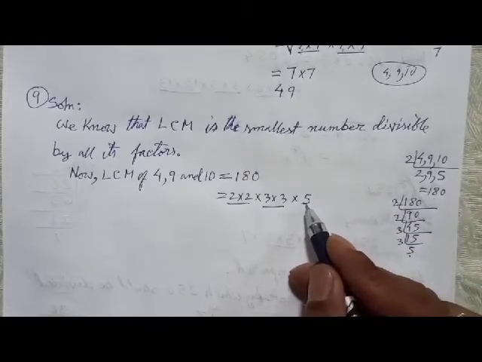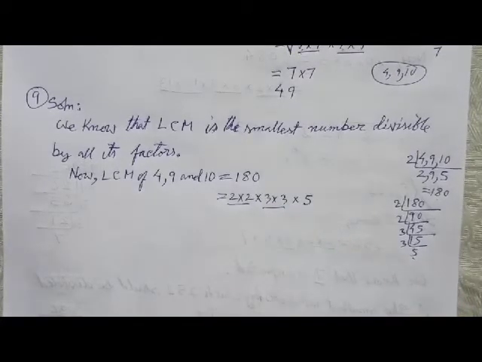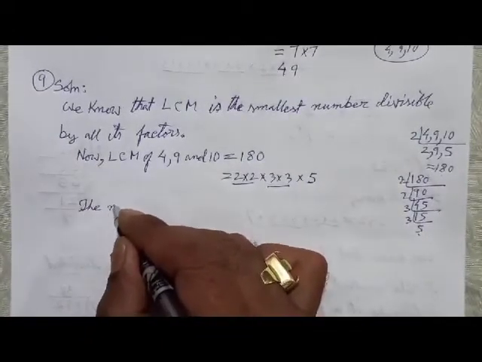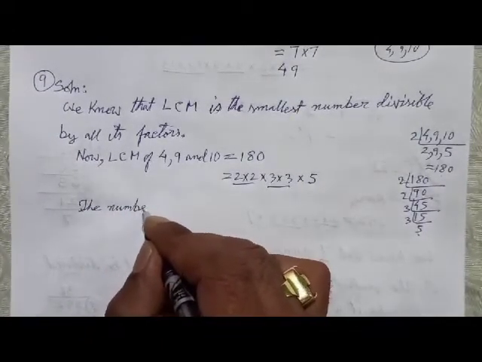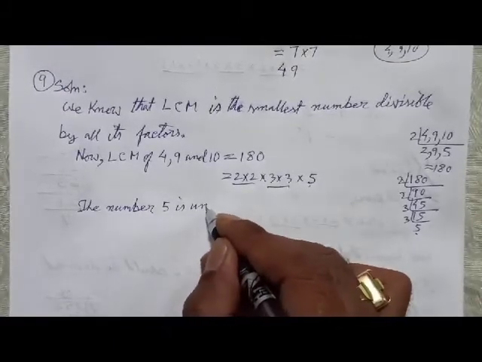Since 5 is unpaired, this 180 is not a perfect square.